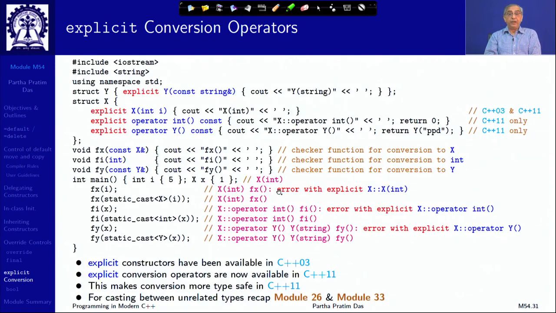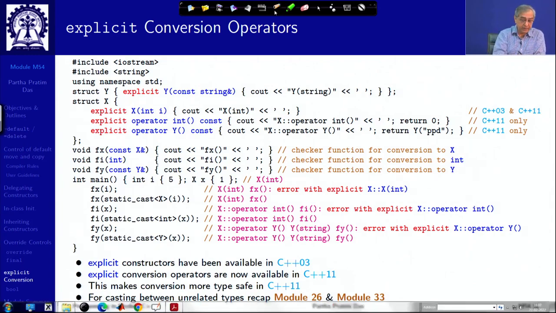Finally, in terms of typecasting, we have seen a lot of that in module 26 and module 33. We have seen that type can be cast by having a constructor or a typecast operator. In terms of the constructor, we can make the constructor explicit to say that implicit conversion is not allowed. But in terms of the typecast operator, no such feature was there. So, if you convert by typecast operator, it will always be permitted.